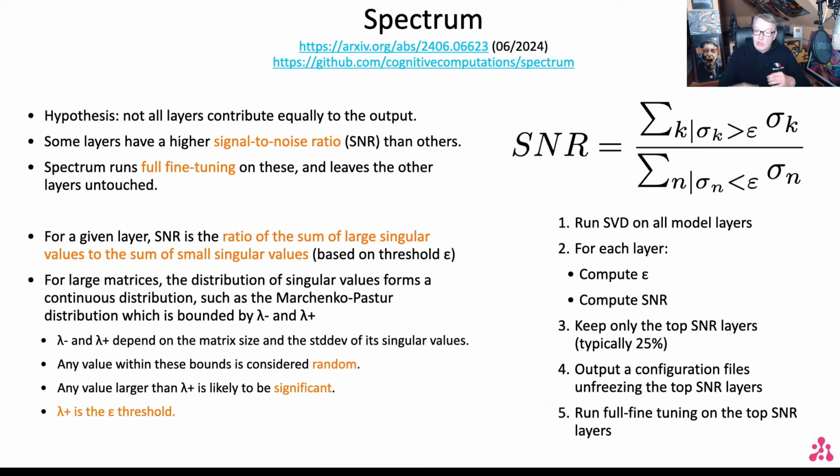And then, of course, because we run full fine tuning, we make no compromise on low rank or quantization. We give those important layers the full fine tuning treatment. So hopefully, they were important before, and they'll still be important in the fine-tuned model.